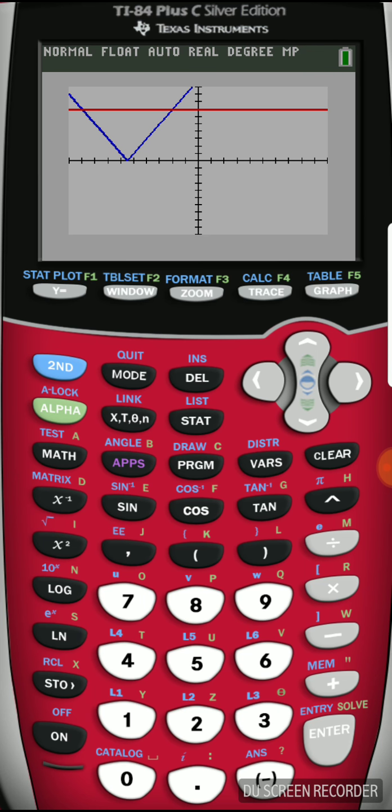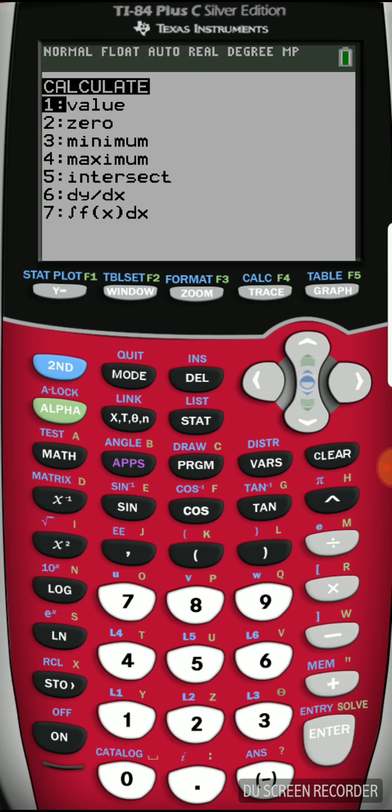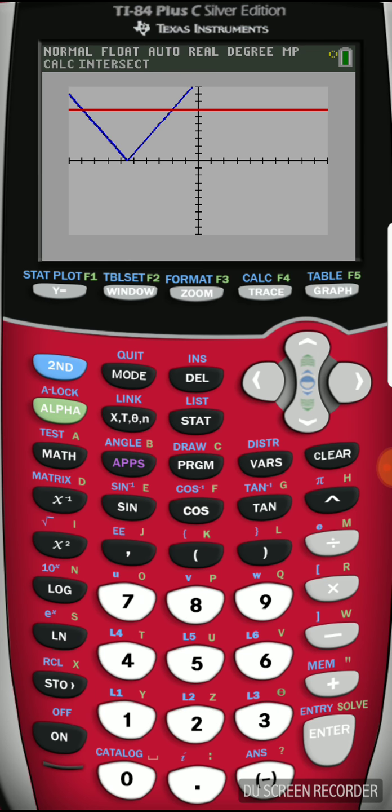Okay, now I want to show you how to find where it intersects, same as the other stuff we've been doing. It's under calculate, so we're going to go second, then calculate. Now not zero, minimum, or maximum like we've done. Now we're going to do 5, intersect. So go down to intersect, and then just like before, wherever my cursor is.